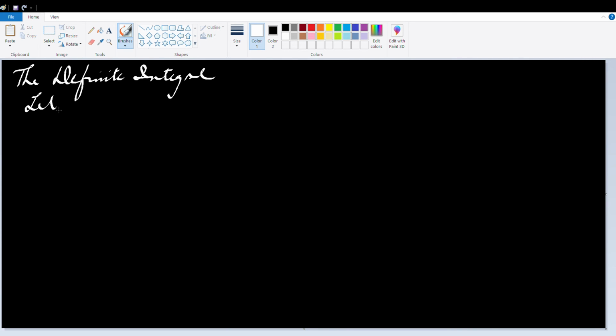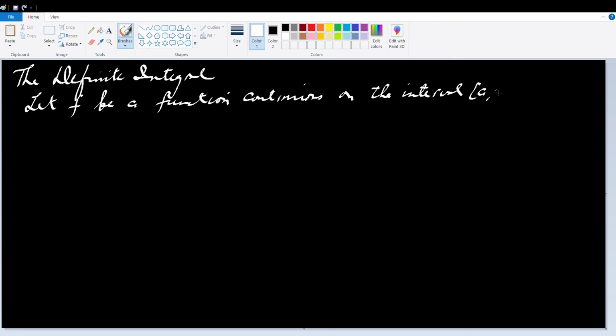So let f be a function continuous on the closed interval [a, b].